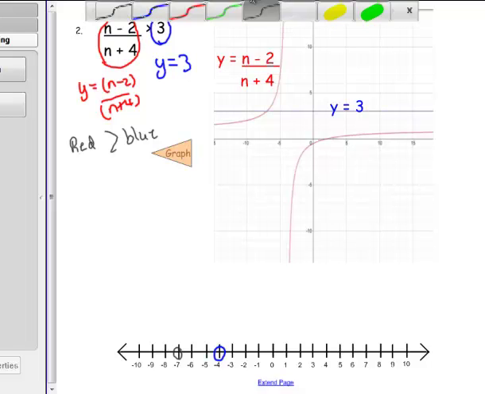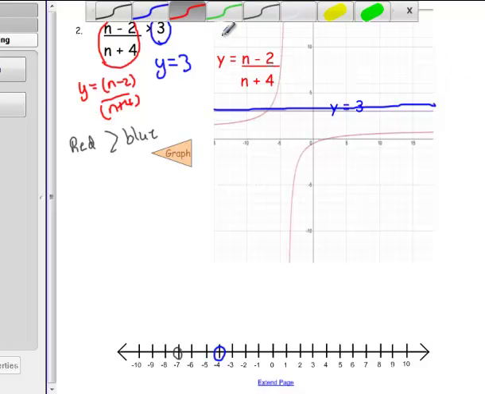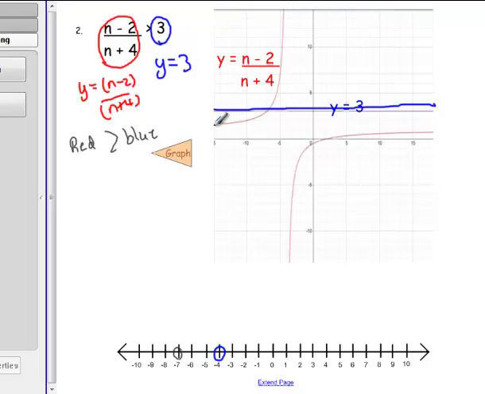Okay, here's the blue graph. It's the line y = 3, and it goes right there. Tried to trace it, you know, you get the idea. Now the red graph is right here. Is this red graph above the blue line? Nope. Is it there?